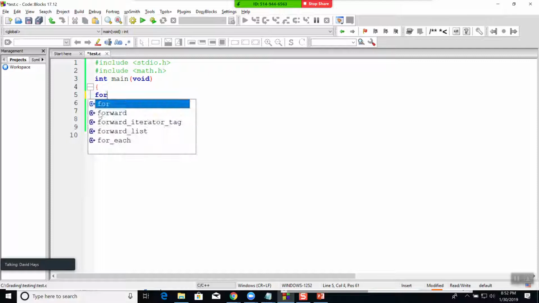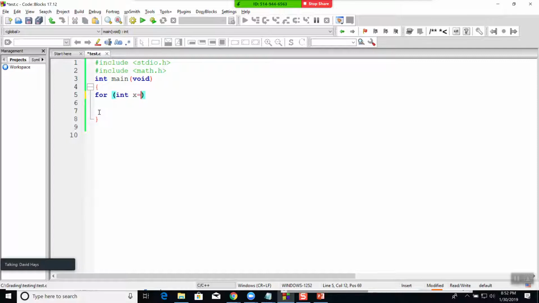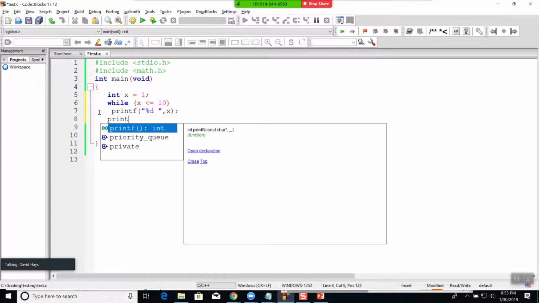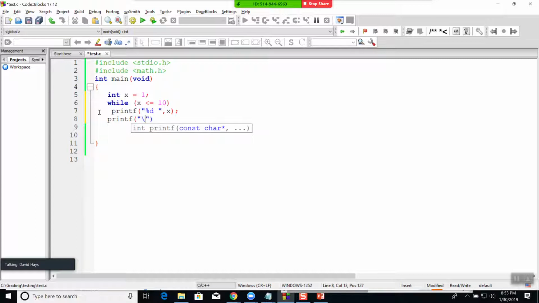Let's see. For int x equals 1. Of course, that's a do while. Let me do it with a while loop to be entirely fair. Int x equals 1. While x is less than or equal to 10, printf %d space, comma x, printf \n.